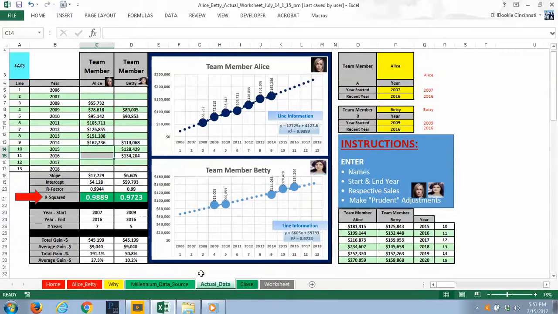We have 5 years that Betty's been with us, after making those adjustments, and then we have 7 dots, 7 years that Alice has been with us.